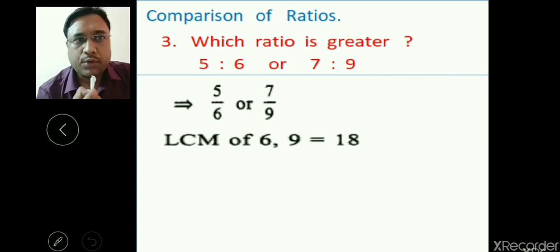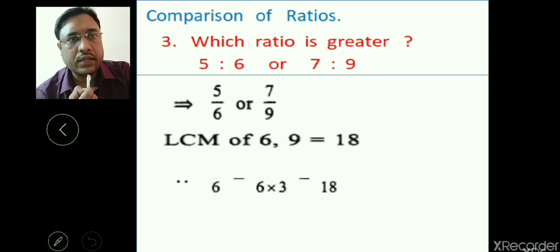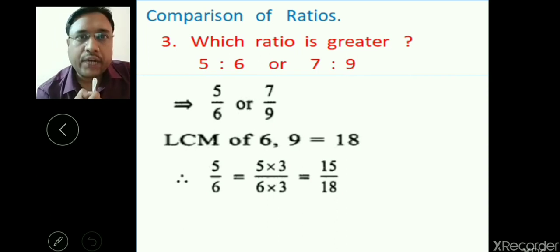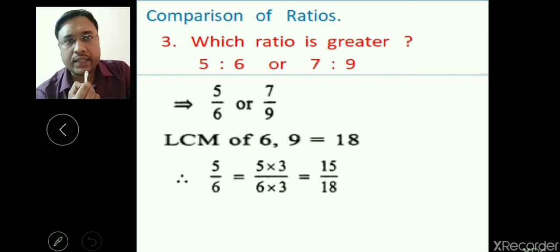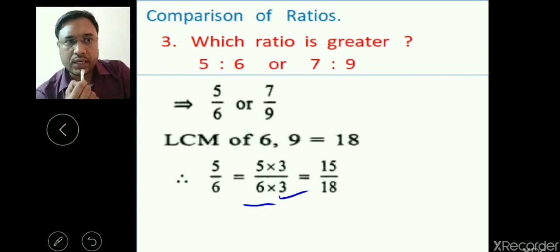Then the LCM of denominators 6 and 9 is here 18. Okay, then we are converting them into like fractions by finding the LCM of denominators. So now what will you multiply with the denominator 6 to get 18? 6 into 3 is 18.